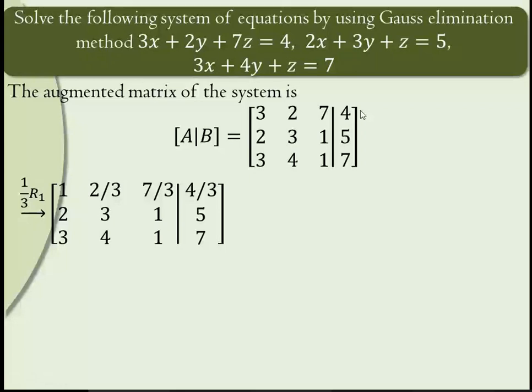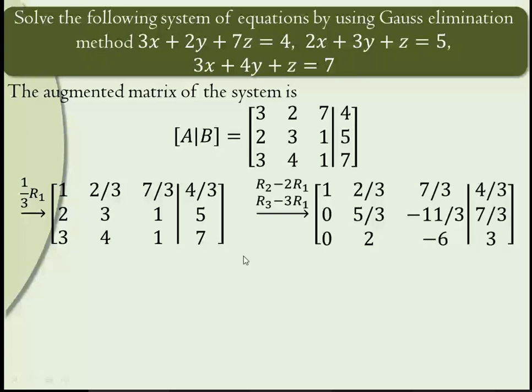Now, after getting 1, bring 0 below it. That will be this minus 2 times first equation, this minus 3 times this row. So it will be R2 minus 2 times R1, R3 minus 3 times R1. By that we can get 0 here. Okay, so do that corresponding changes. R2 minus 2R1, R3 minus 3R1.